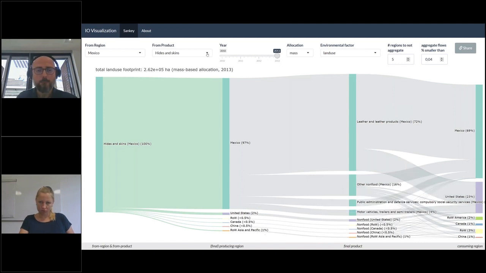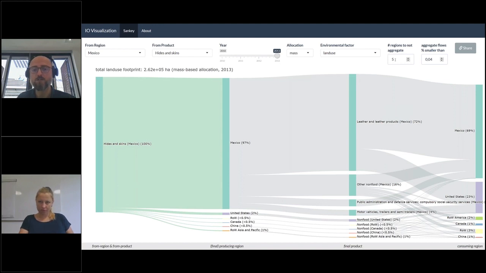Then you can also change the detail that is shown. So we have a cutoff, we have defined a cutoff value, which here is 4%, where you can reduce that to show more detail and also show more regions.